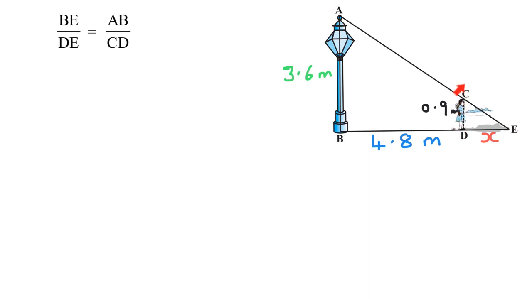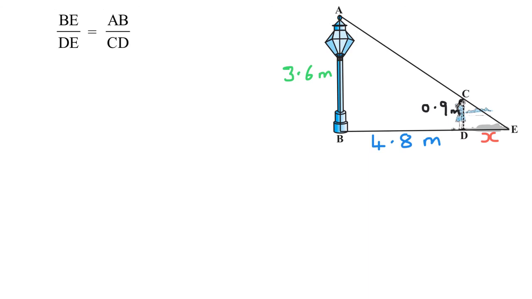Now CD is 90 centimeters. Change that to meters, 90 over 100. That's going to be 0.9 meters. So we can easily plug in the values. How much is BE? 4.8 plus X. And how much is DE? It's X. AB is 3.6 and CD is 0.9.